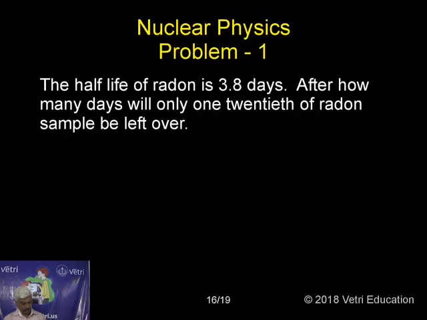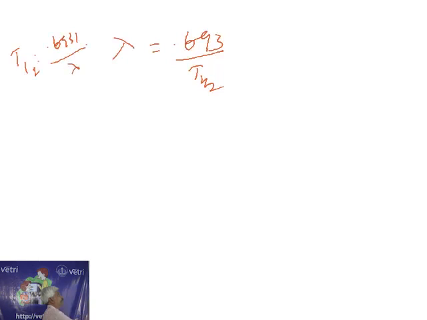For the solution, we know that lambda is equal to 0.693 divided by T half. How does it come? We know the half-life period T half is equal to 0.693 by lambda, from which lambda is calculated. As per the problem, lambda is 0.693 divided by the half-life of 3.8 days, in units of day power minus 1.